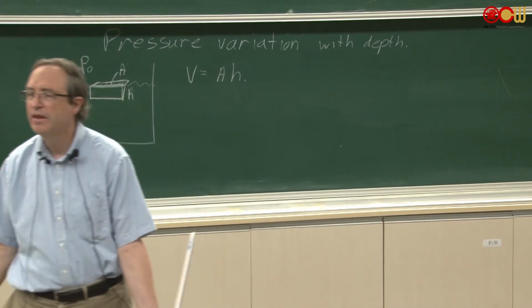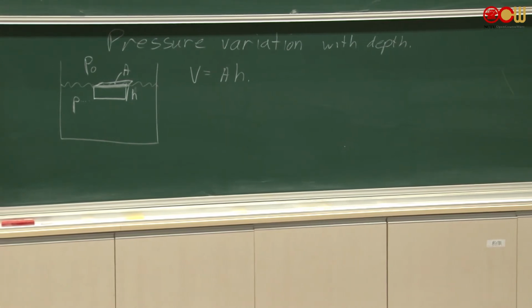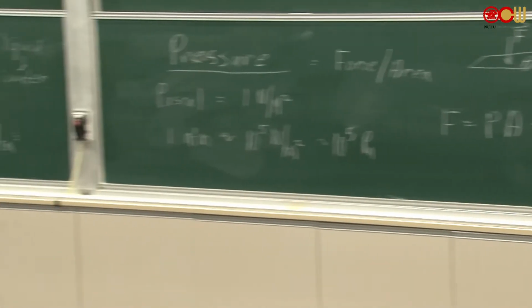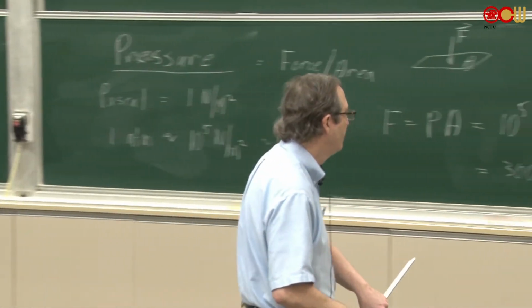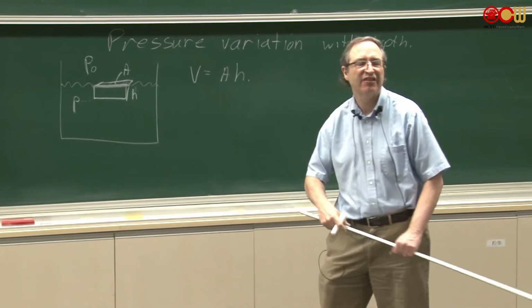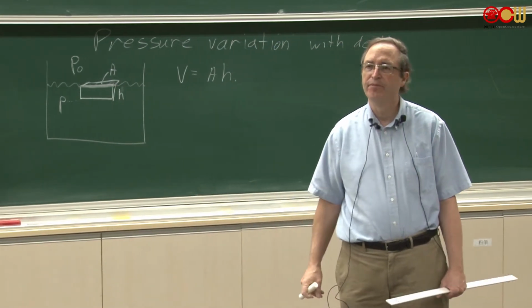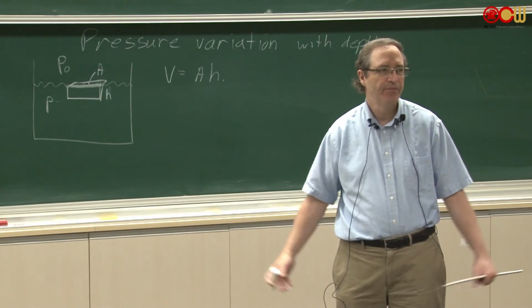We can figure that out. That piece of water or fluid is just sitting there. It's not moving. If that's the case, what can you say about the net force on this little volume of fluid? What's it got to be if it's not moving? Zero.